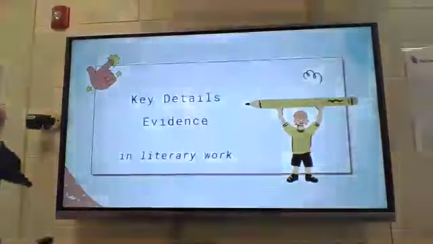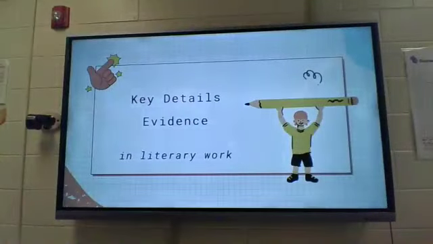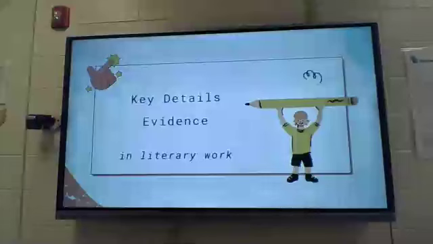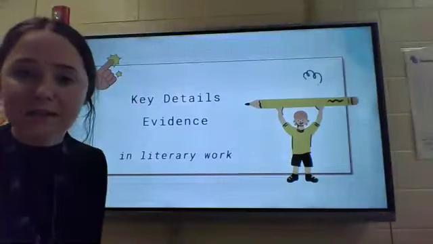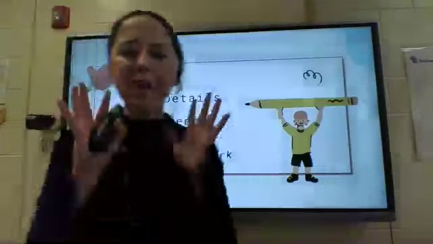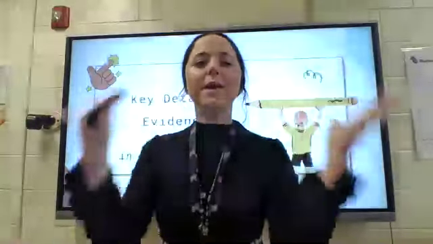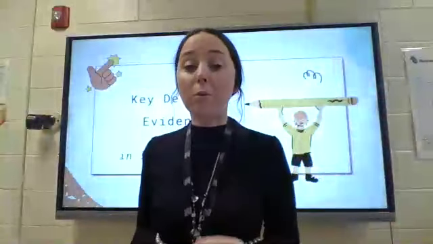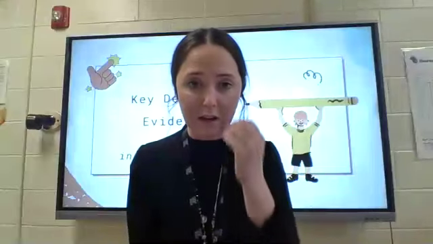Let's get into it. So, I want to quickly touch base on two terms. Two terms you are going to need to really understand today, and that is key details and evidence, as it pertains, means relating to, as it relates to literary work. So we hear key details, we hear evidence, and we think expository technique, okay?